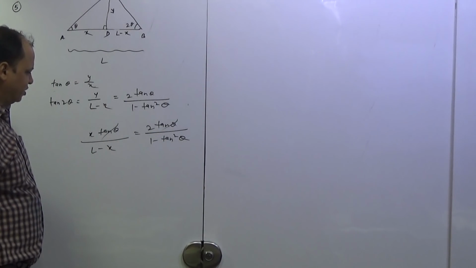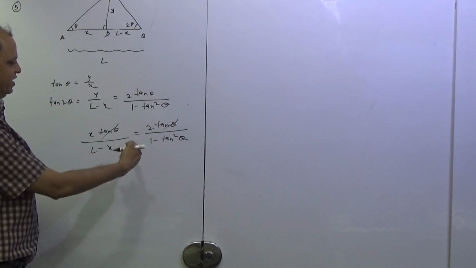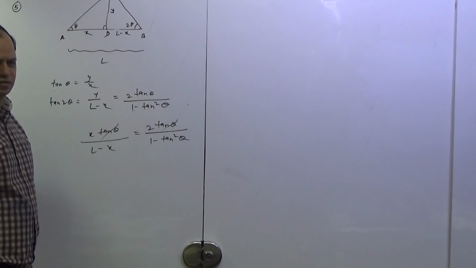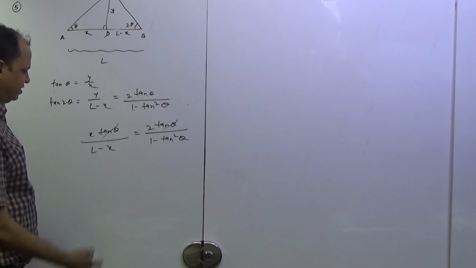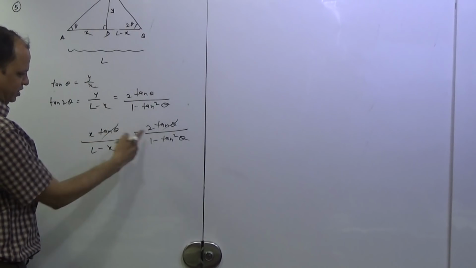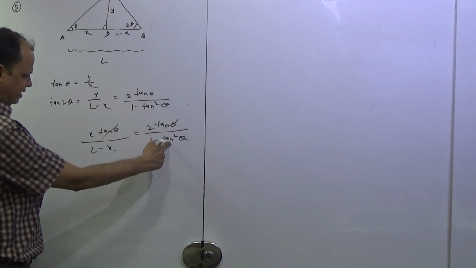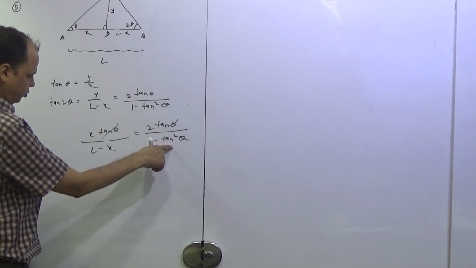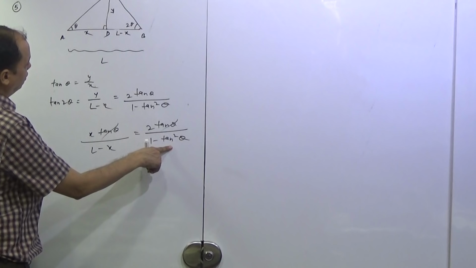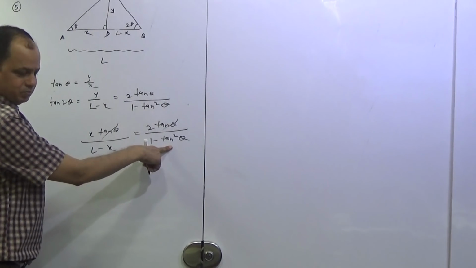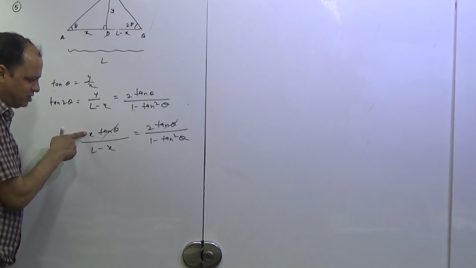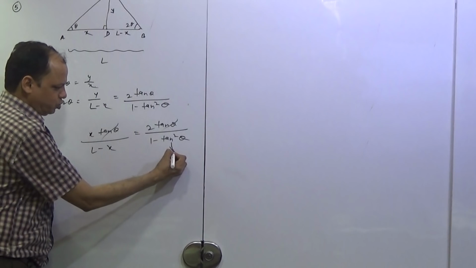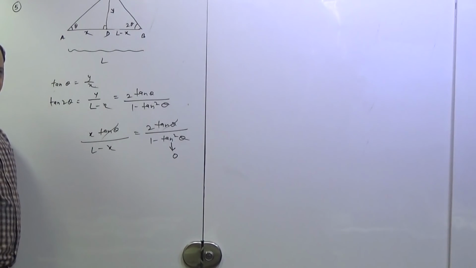So can we get a relation in tan theta and x? When theta is approaching towards 0, it means tan theta is approaching towards 0. What exactly are you finding? When theta approaches 0, x approaches what? You have to find the value of x when this is approaching 0. So we can substitute it as 0.